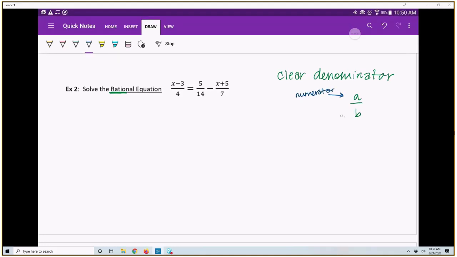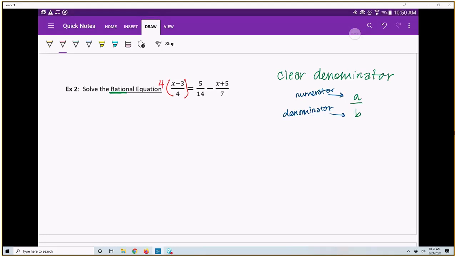And the number on bottom, or the expression on bottom, is called the denominator. So what do I mean when I say clear the denominator? I mean, I don't really like having these fractions here. So let me see if there's a number that I can multiply that would make this not a fraction anymore.